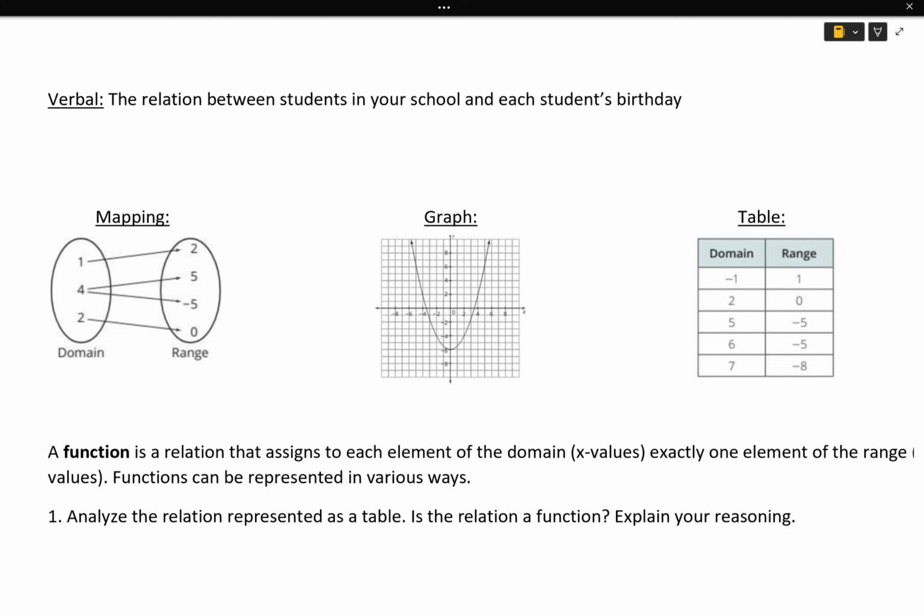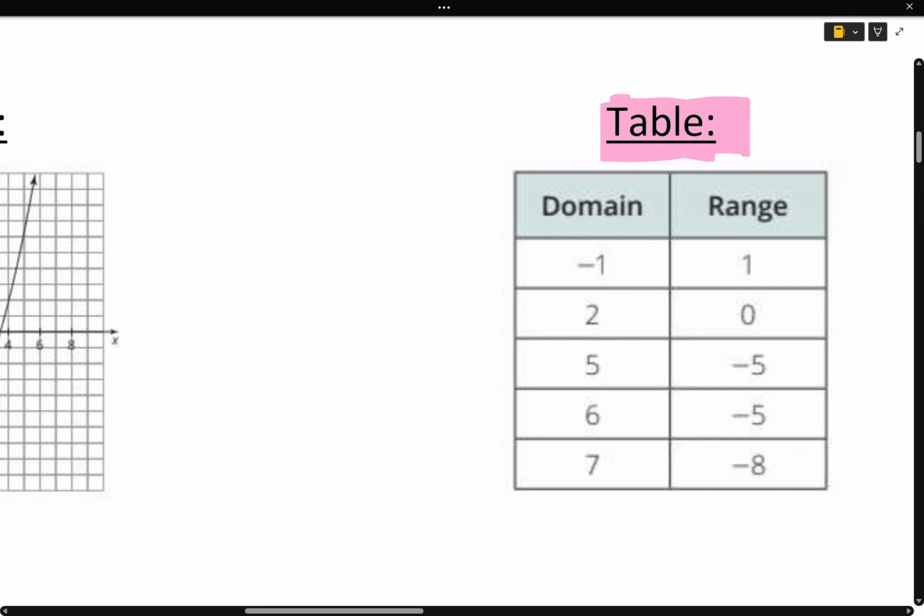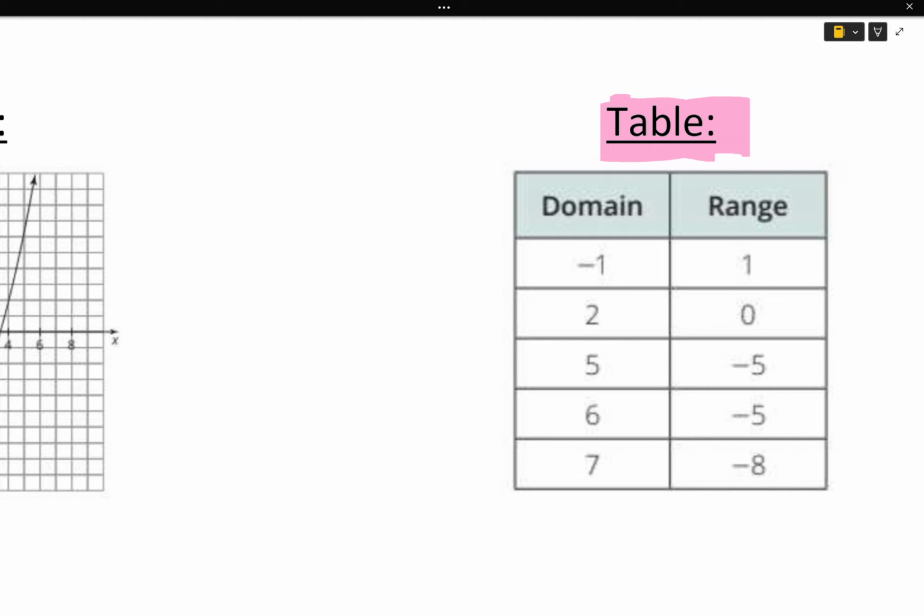So first, let's take a look at the table and see whether or not the table represents a function. So the domain. Does the domain ever repeat, or does each domain go to exactly one range? For me, it looks like every domain goes to one range. Now I know that 5 and the 6 both get an answer of -5, but the domain of 5 only happens once, and the domain of 6 only happens once.